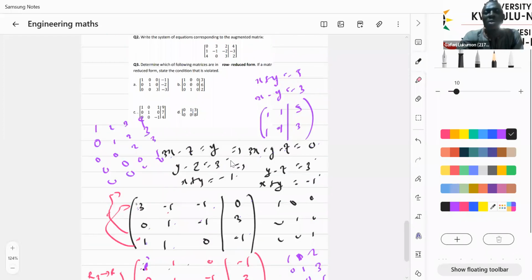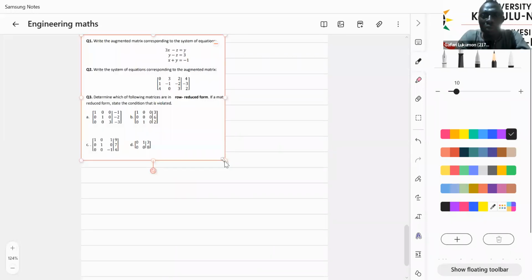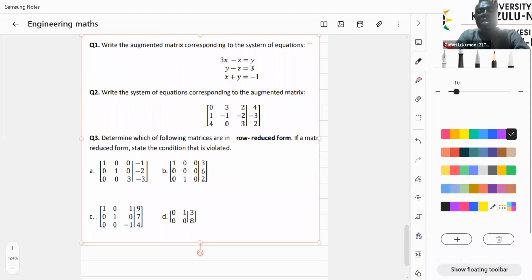So if that is clear, okay, look at this, guys. Again, the next question on here before we move to the Gauss Jordan elimination method. Look at the second question.